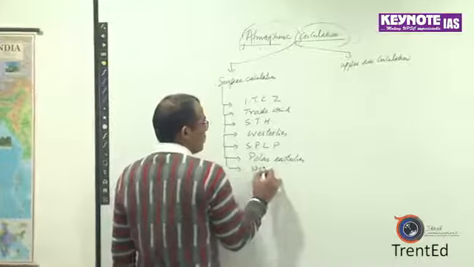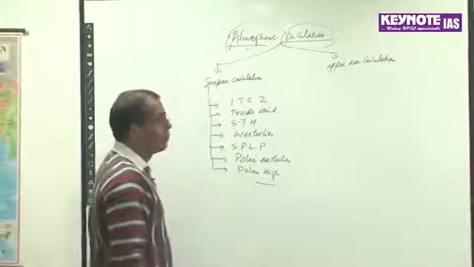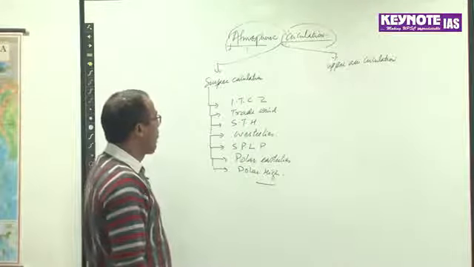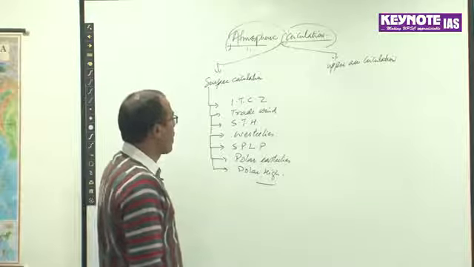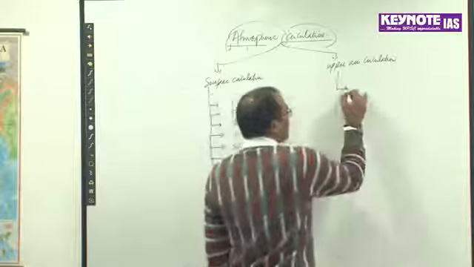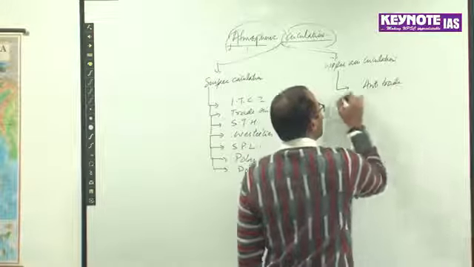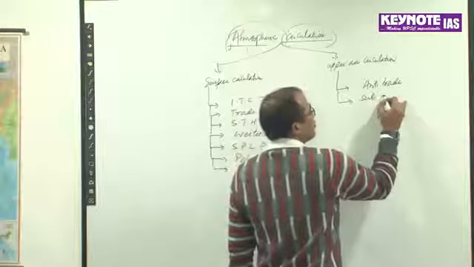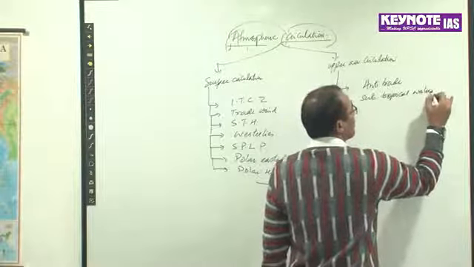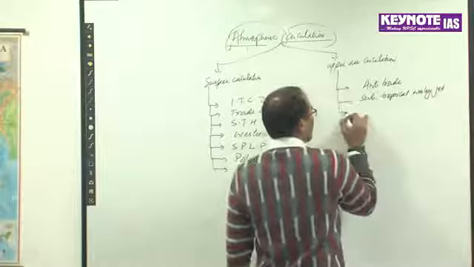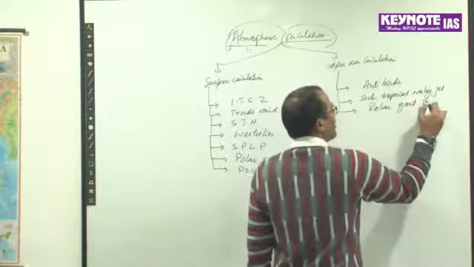You explain polar high pressure belt. Upper air circulation, entry trade, subtropical westerly jet, polar front jet.